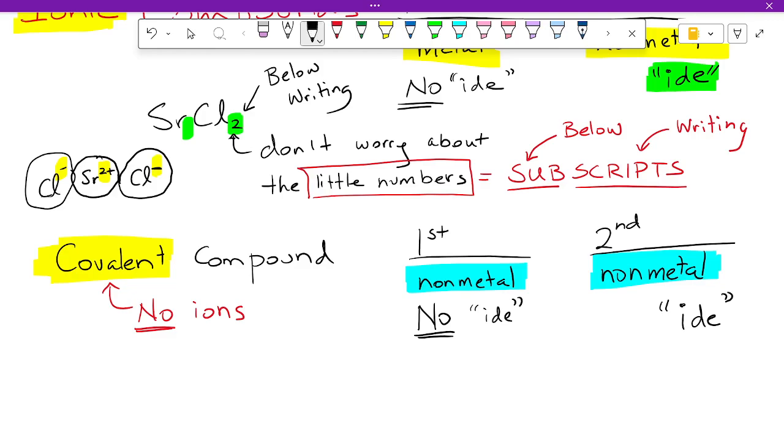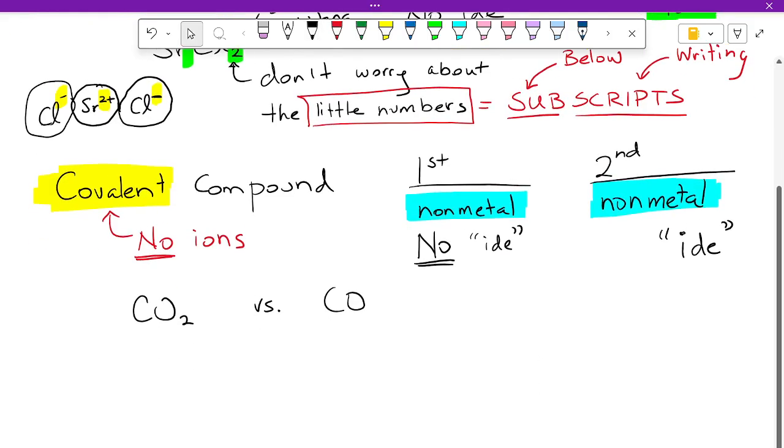In a covalent compound, what kind of elements make a covalent compound? Nonmetal and nonmetal. Two nonmetals. No ide. In a covalent compound, you need to tell me how many there are of each atom. CO2 versus CO. The name tells you the number of atoms.